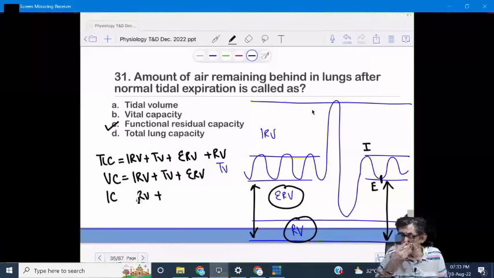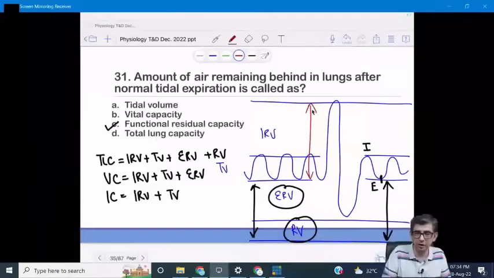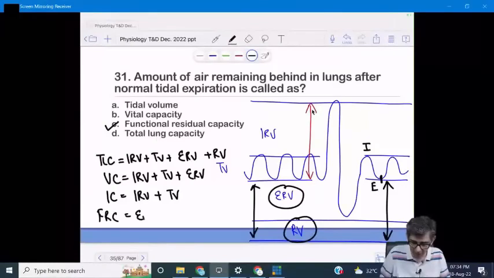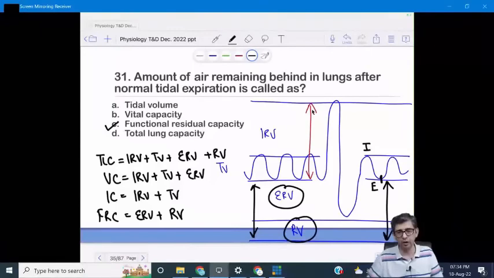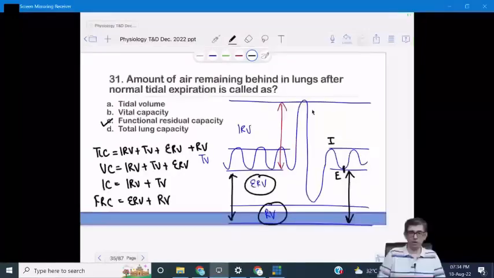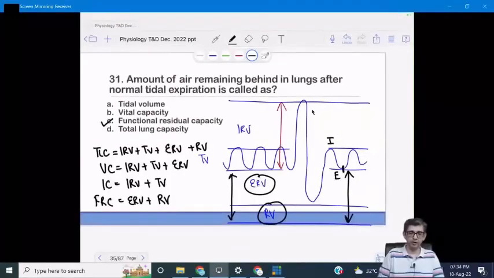And now we are discussing FRC, in which we are talking about the bottom 2 parameters, expiratory reserve volume and the residual volume, that is air remaining behind in the lungs after normal tidal expiration. Answer to 31 is option number C. Remember these four values once. Normal spirometric curve is usually asked, so it's a good idea to practice this.